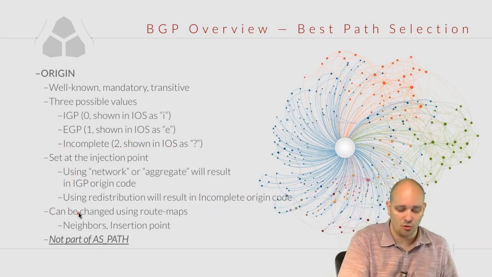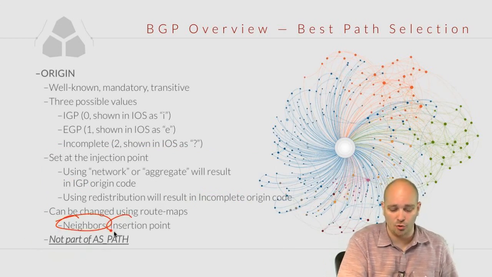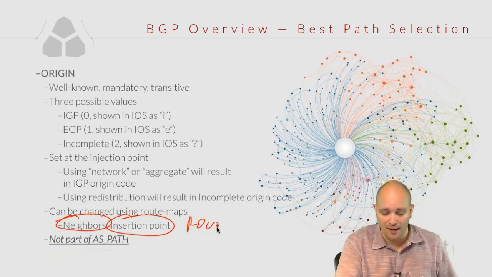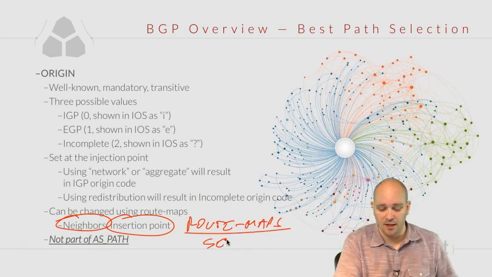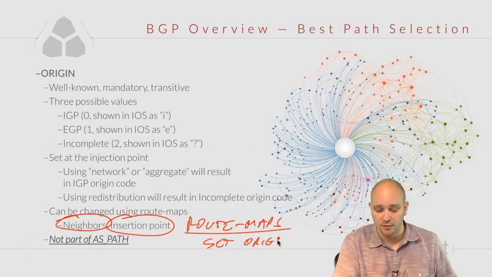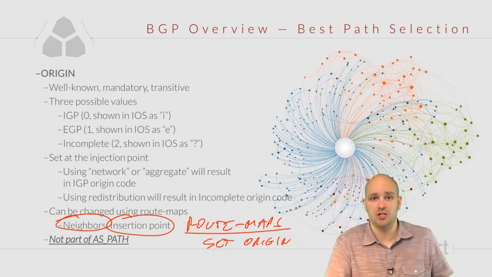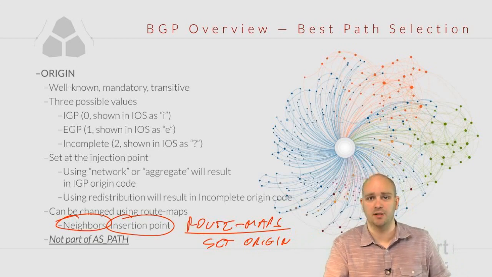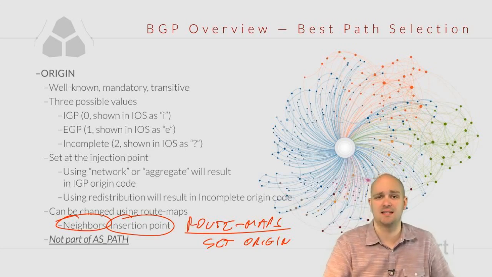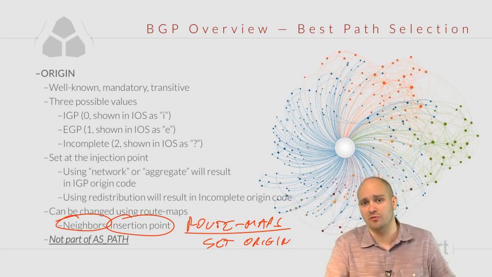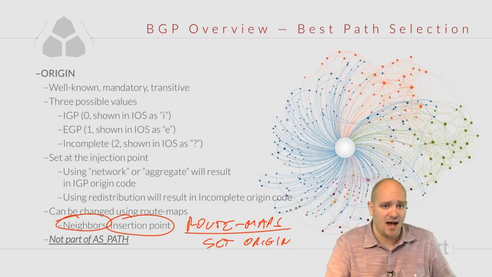It can be changed on either the neighbor statements or insertion point with route maps, and a simple statement in there that says set origin, and then whatever origin we want to set. If we want it IGP, we would set origin igp. If we want it incomplete, we would say set origin incomplete. If we wanted, set origin egp, we can even do that. But keep in mind that that's a hidden command in most of the recent versions of IOS.